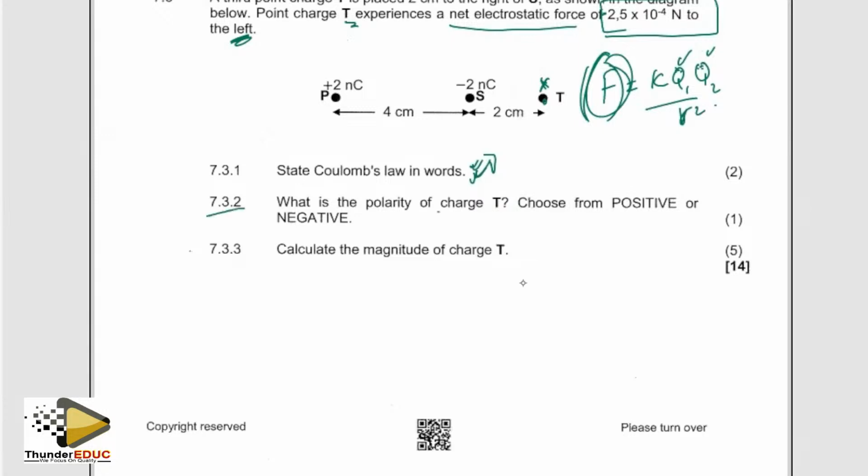Then 7.3.2, what is the polarity of charge T? Is it positive or negative? So what we need to understand with this is, if our resultant as a result of everything is negative, chances are high this is going to be positive.